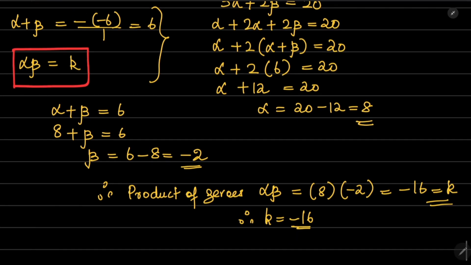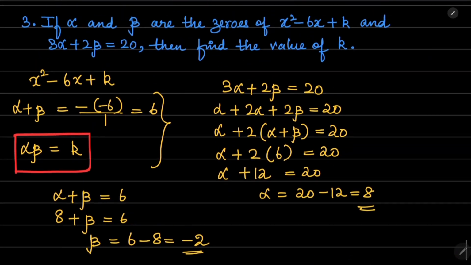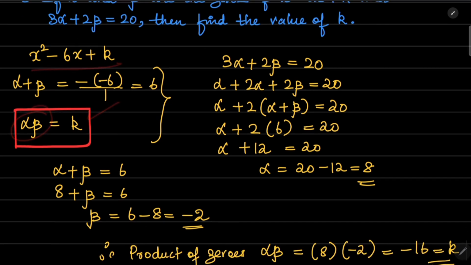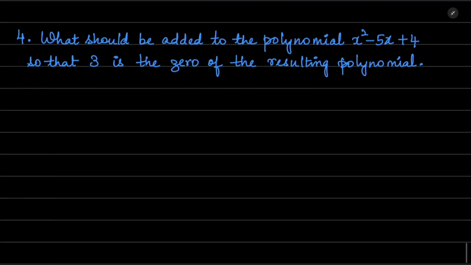Is it correct? k is equal to minus 16. Write it correctly. And this is your answer. Right? If you know alpha and beta, you can just multiply them and you will get the value of k, because according to the formula, the product of the zeros is equal to k. Clear? Let's move on to the next question.